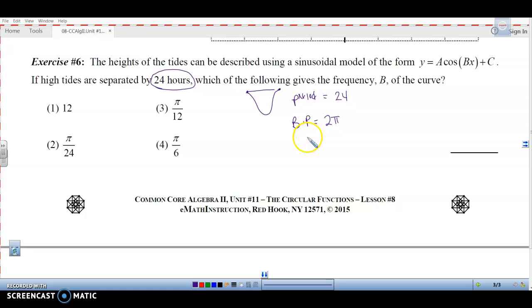Your frequency is b, your period is 24, so b times 24 equals 2 pi. Solving for b, divide by 24, so b equals 2 pi over 24, which reduces to pi over 12. So that means it's going to be answer number 3. Okay, so that is frequency and period of a sinusoidal graph.